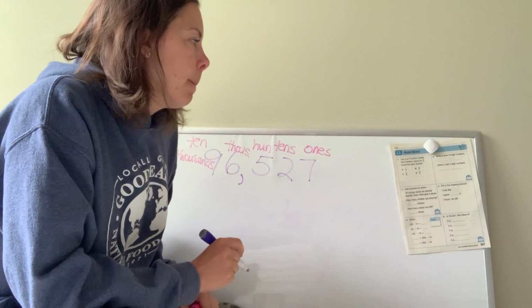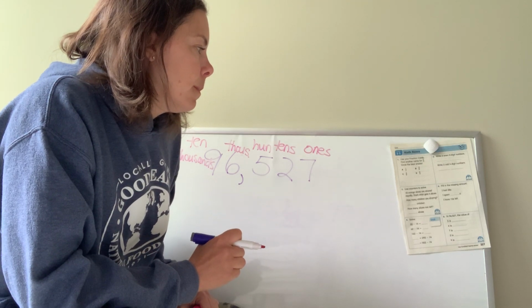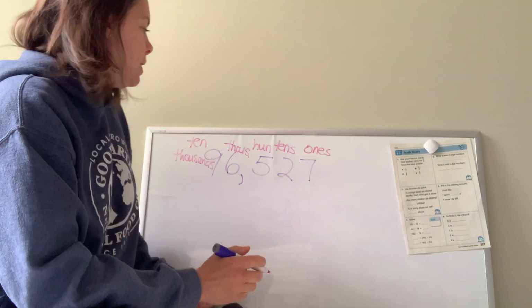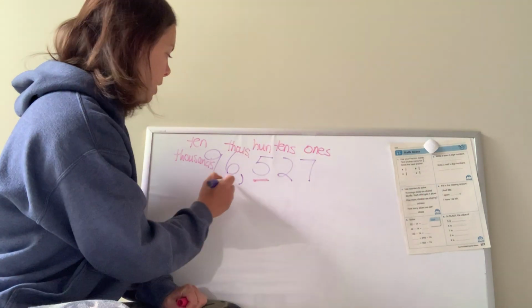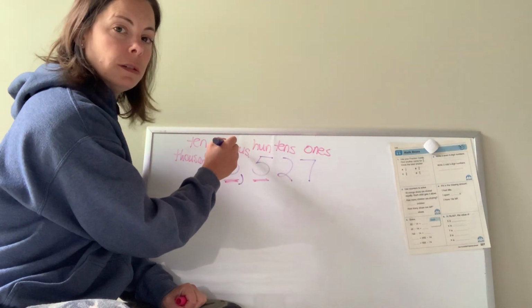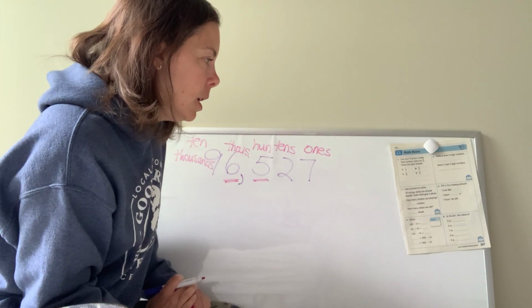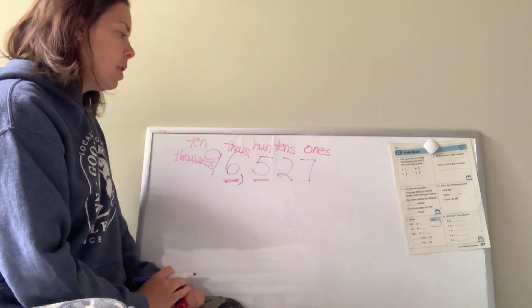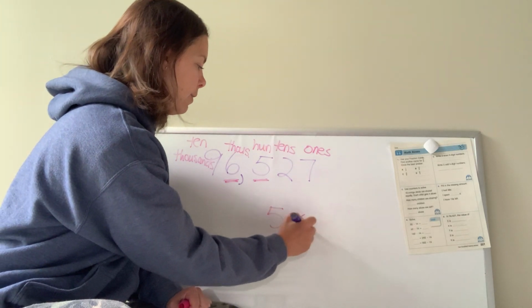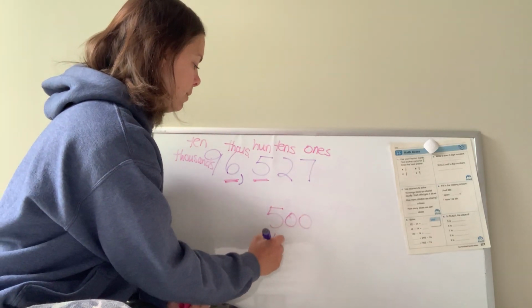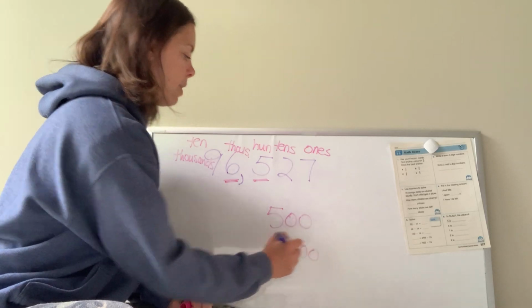So the 5 is in the hundreds place. The 6 is in the thousands place. You can either write hundreds or thousands, or you could say the 5 has a value of 500. The 6 has a value of 6,000.